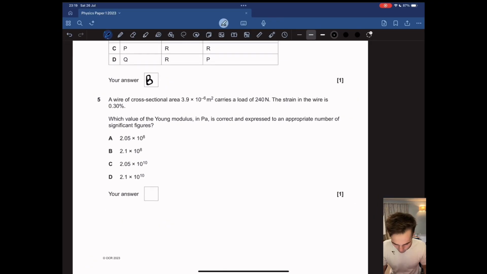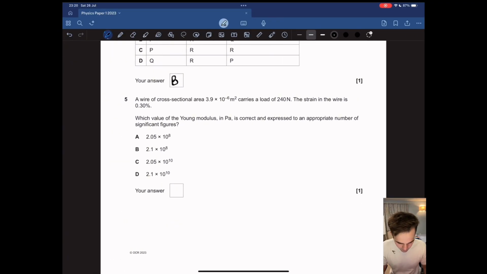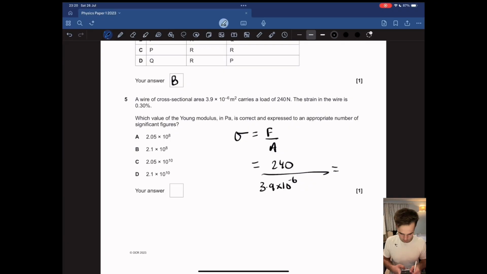Question 5, a wire of cross-sectional area carries a load of 240 newtons. So we know that stress equals force divided by area. So this equals 240 divided by 3.9 times 10 to the minus 6, which equals 6.154 times 10 to the 7.